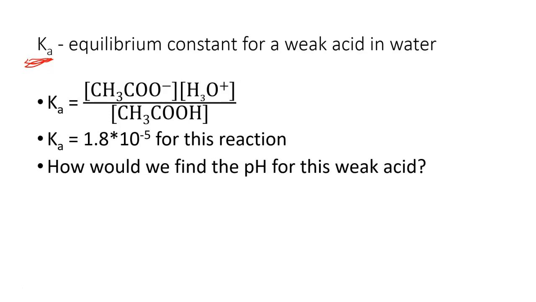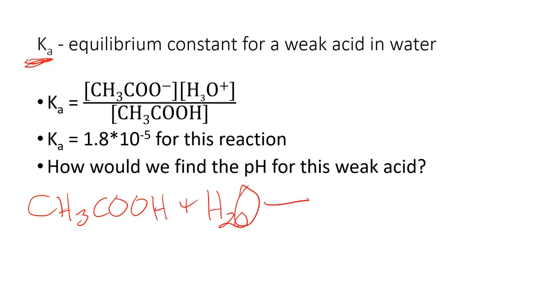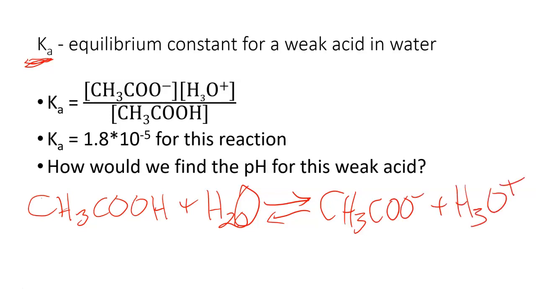If we look at the reaction of CH3COOH plus water going to CH3COO minus plus H3O plus, this is aq, this is aq, this is aq, and this is a liquid.